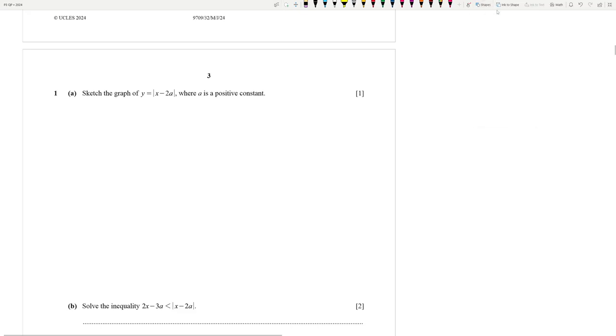Let's start. We can do this. So y is equal to modulus of x minus 2a. So essentially x minus 2a.